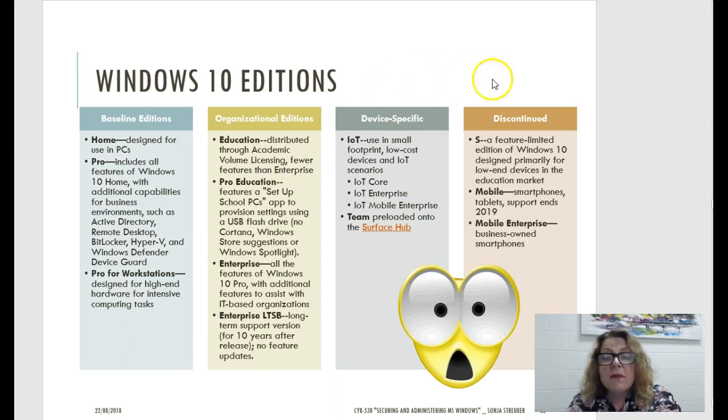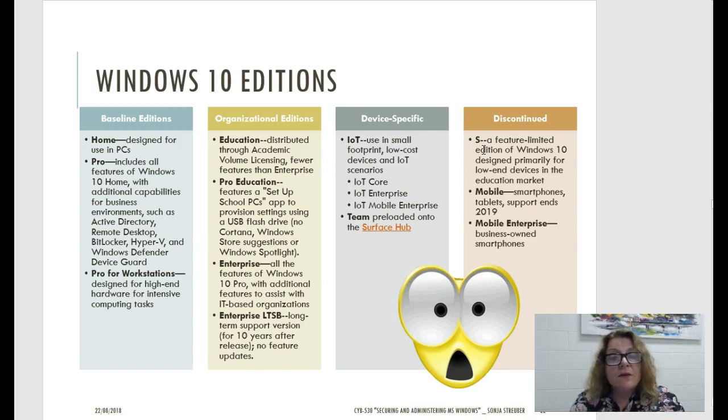So then we have the minor editions such as IoT. I already mentioned IoT is very small and low cost. Then we have the discontinued editions: Windows 10S, which was designed for low-end tablets, specifically for schools, and Windows 10 Mobile.